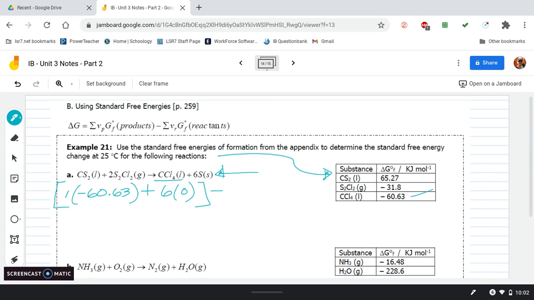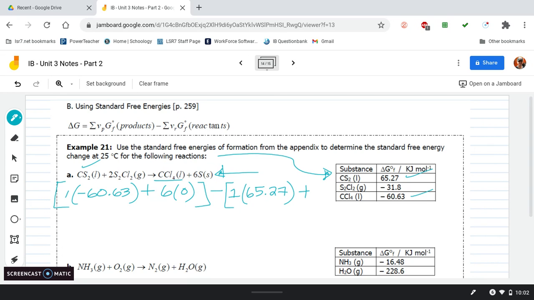Okay, subtract the reactants. We've got 1 multiplied by the CS2, which is 65.27.